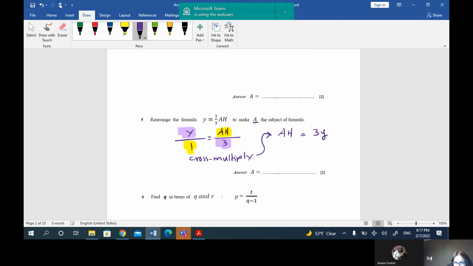We're making a the subject, so divide by h and divide by h. h is cancelled with h, so a will be 3y over h.